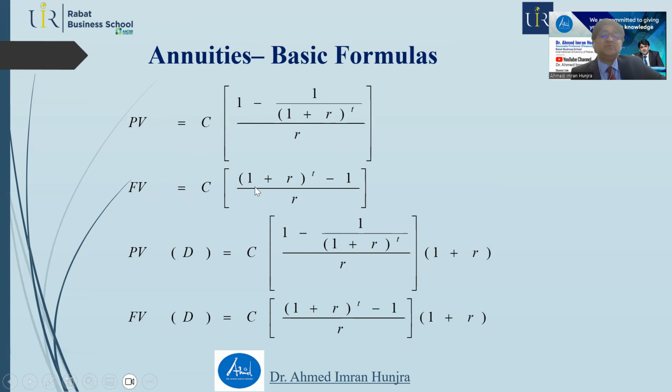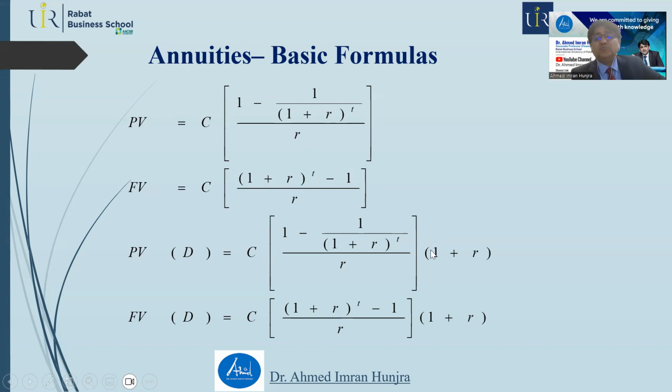The future value formula is 1 plus I raised to power T minus 1, divided by I. The expression in the brackets is called the present value interest factor of annuity. For future value, the interest factor of annuity is 1 plus I raised to power T minus 1, divided by R, and this interest factor value we can find from the table.